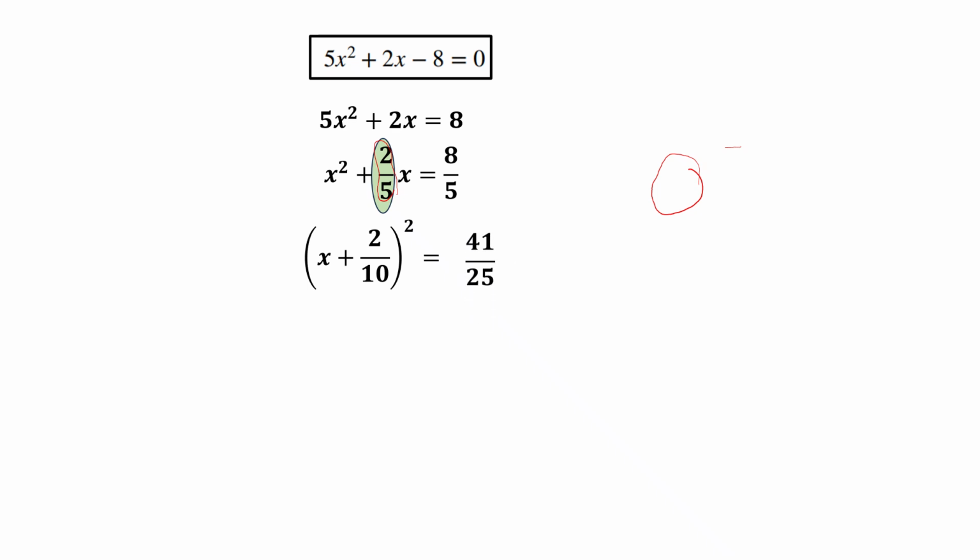That's good. Now square root both sides. You'll have x plus 2/10 is equal to plus or minus root 41 over 25. And then your answer will be x equal root 41 over 25 minus 2/10, or minus root 41 over 25 minus 2/10.